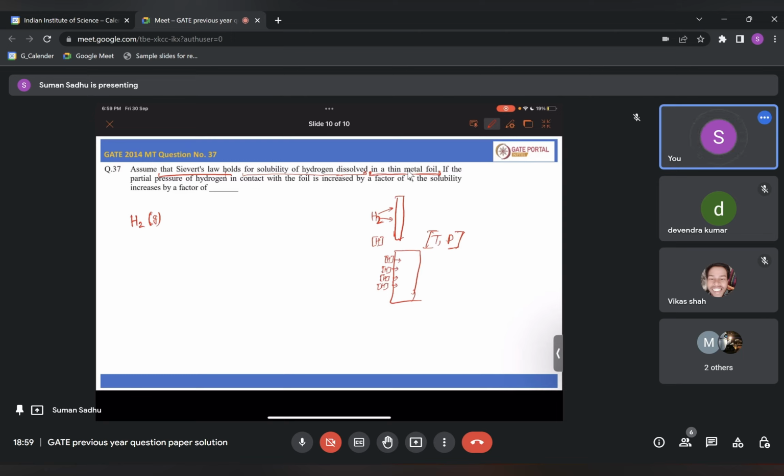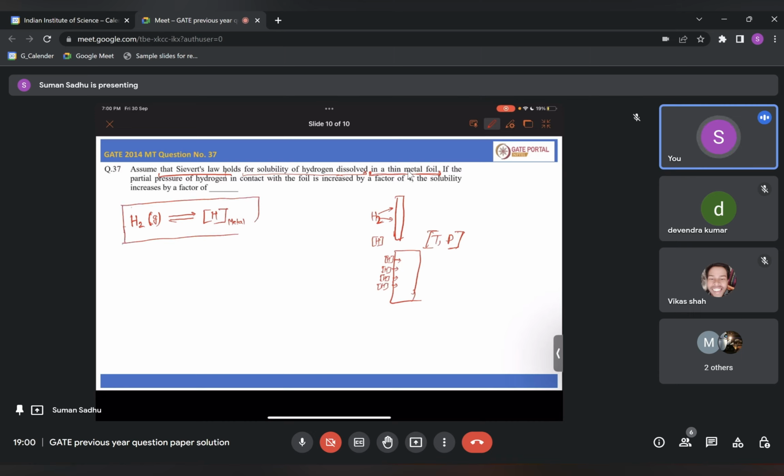So that means from the gaseous form it is going into the atomic form. It is dissolving means it is in the atomic form. So hydrogen in the atomic form in the metal. So this is nothing but a chemical reaction.